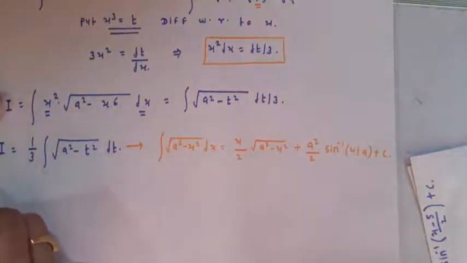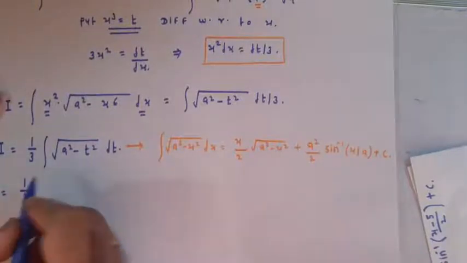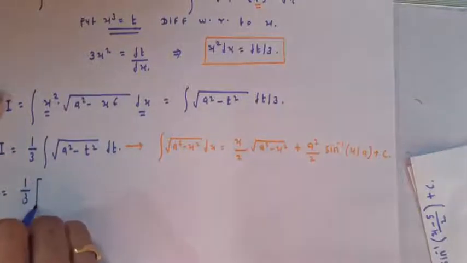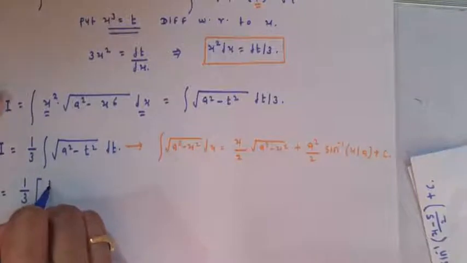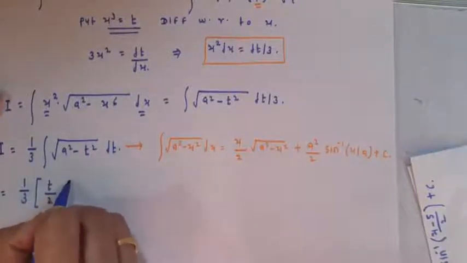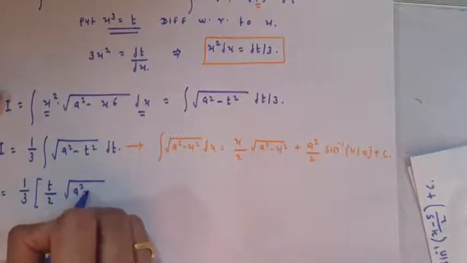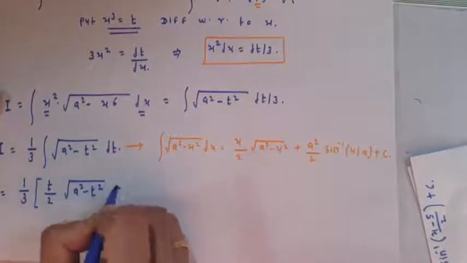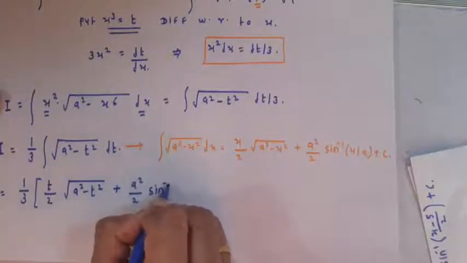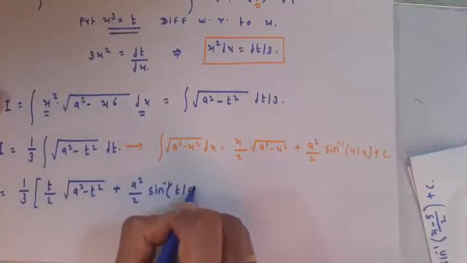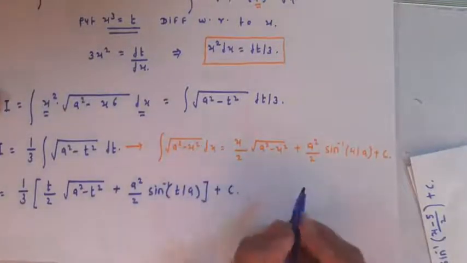So integration I equal to 1 by 3 as it is, and the integration of square root of a square minus t square is t by 2 square root of a square minus t square plus a square upon 2 sine inverse of t by a, plus constant of integration c.